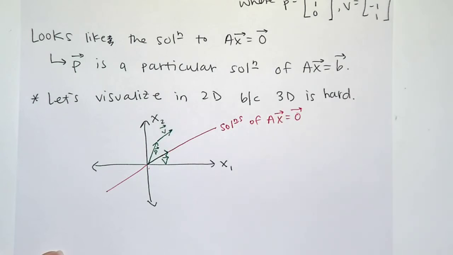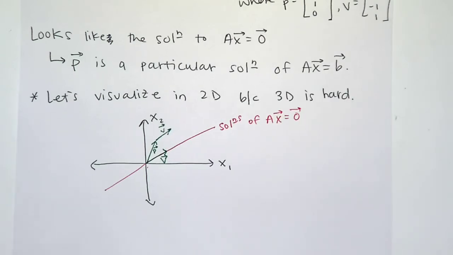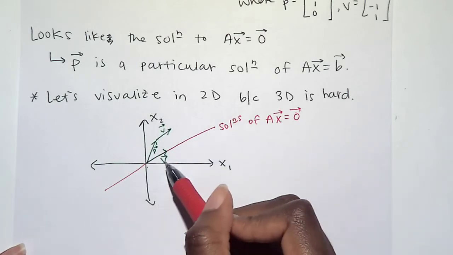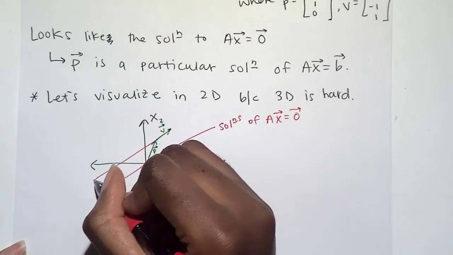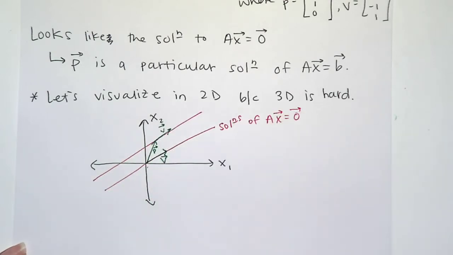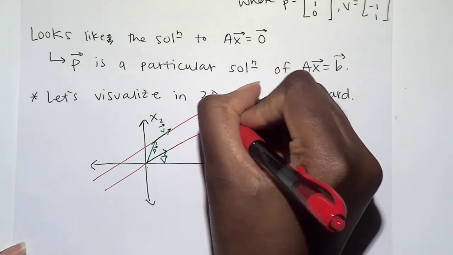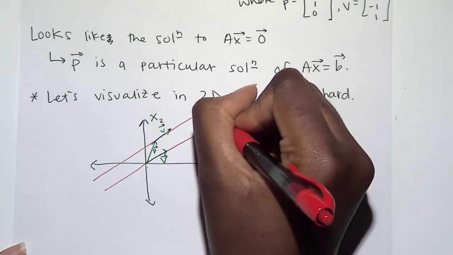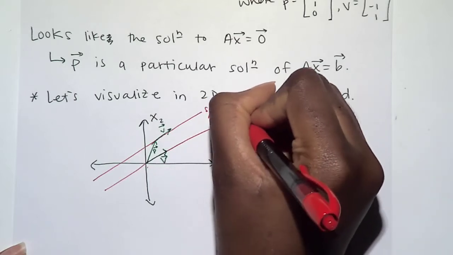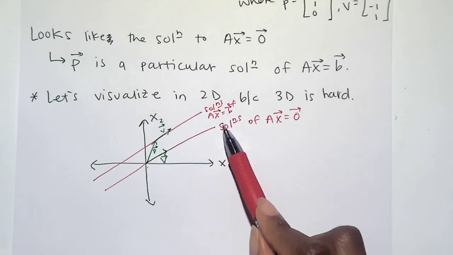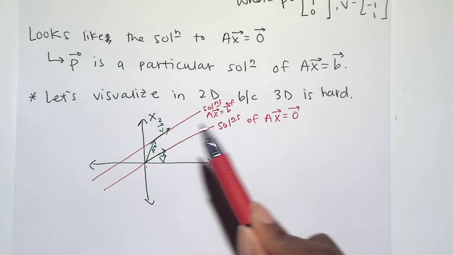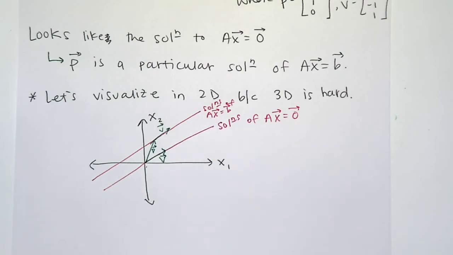All right, so remember our homogeneous system, the solution was just x3 times V. So that's the solutions. And then if I draw a line here, these are going to be all of the solutions of our non-homogeneous system. All right, so notice how they look on the graph. The homogeneous solution set is going to be parallel to the non-homogeneous solution set.